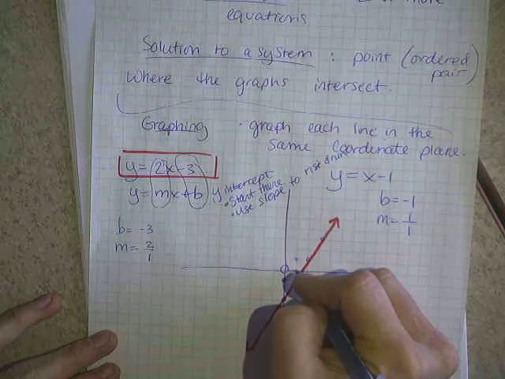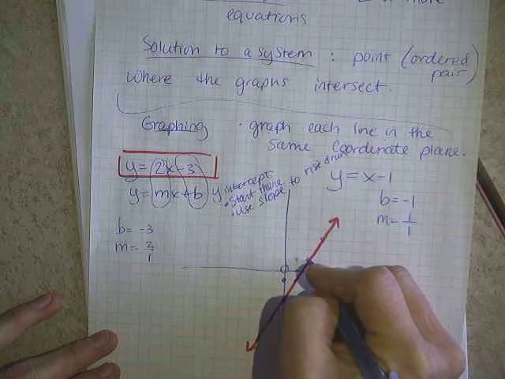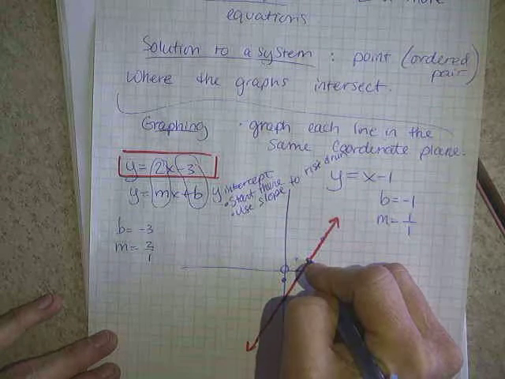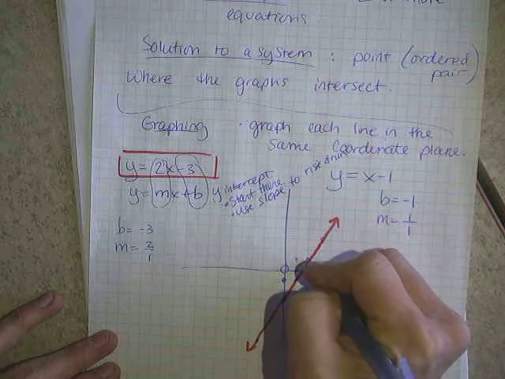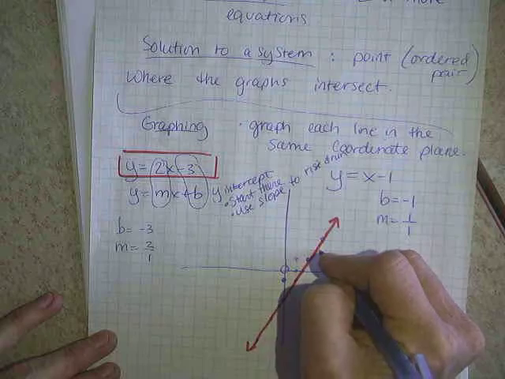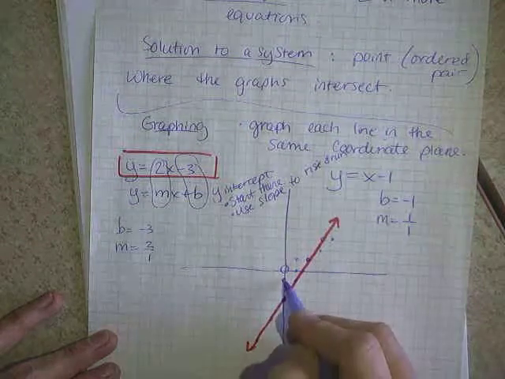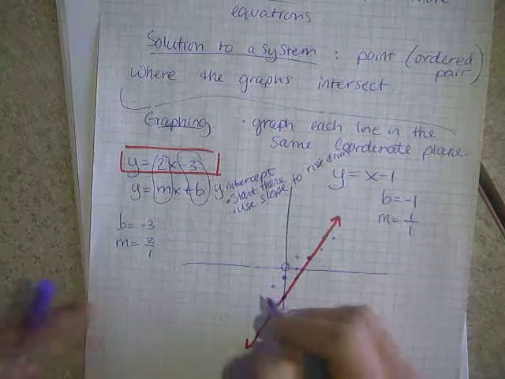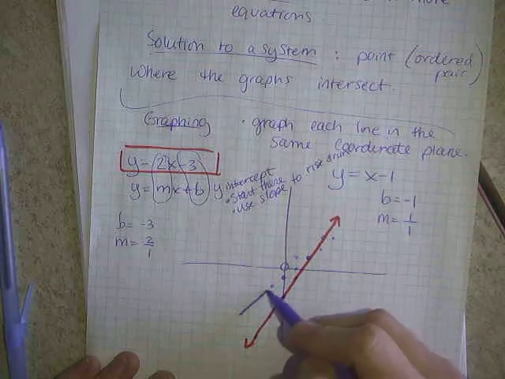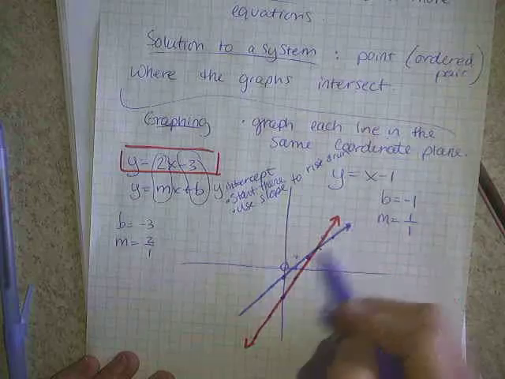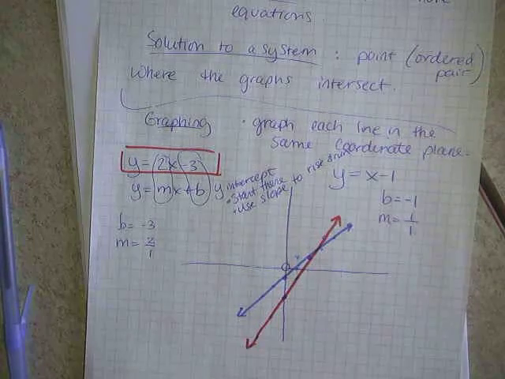So we're going to go down 1 and put our point. And then we rise 1, run 1. Rise 1, run 1. And actually that's kind of handy because there's where we cross the other line, right? You might want to go beyond it. And we'll go down to the left also.